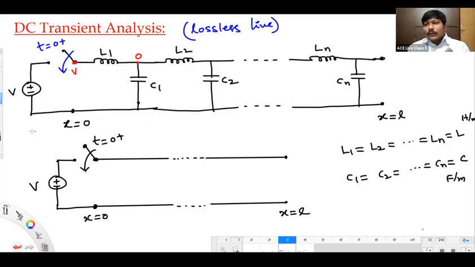And you observe now, a voltage V minus 0 appearing across the inductor L1. Because of this voltage difference, current starts to flow in the inductor, which is nothing but current starting to flow in the transmission line.